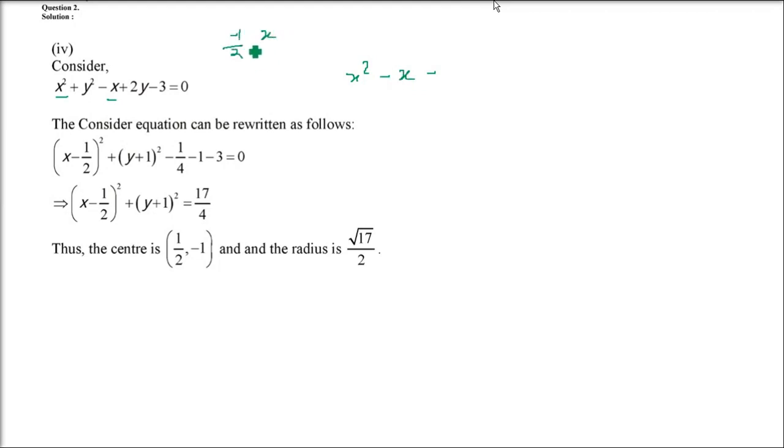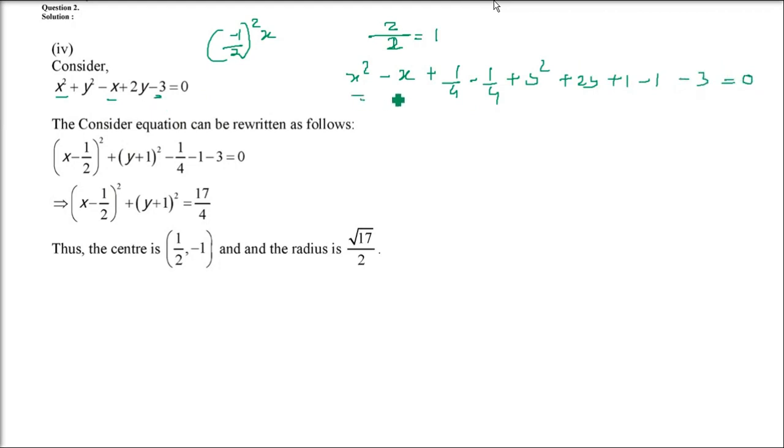Similarly with y square plus 2y: the coefficient of y is 2, so divided by 2, you get 1. Add this one and subtract this one to make it a perfect square. This equals minus 3 equals 0.